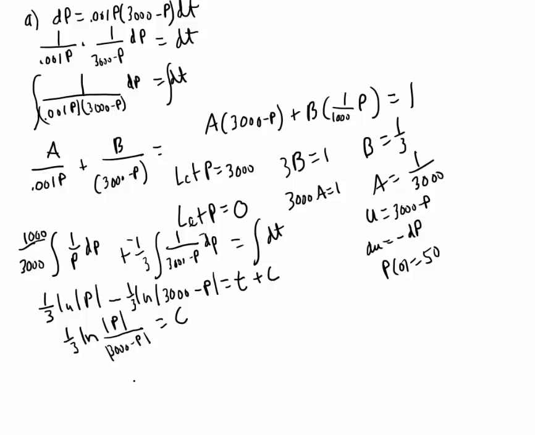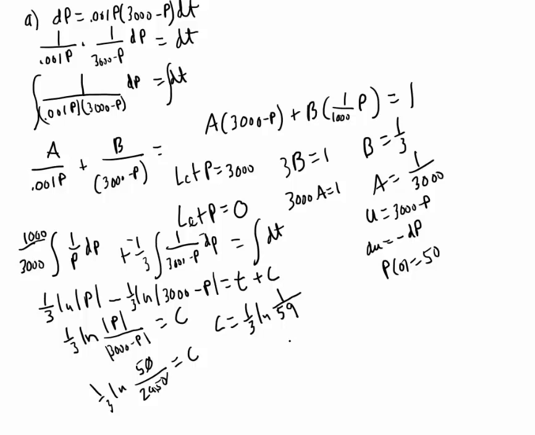I need to plug in 50 here, so that gives me 50 over 2950. And then 1/3 ln of that is equal to my c value. I guess if you want to reduce that down, you can make c equal to 1/3 ln. That 0 cancels that 0. These are both divisible by 5. So let's see, that would be 1 over 59, I guess.